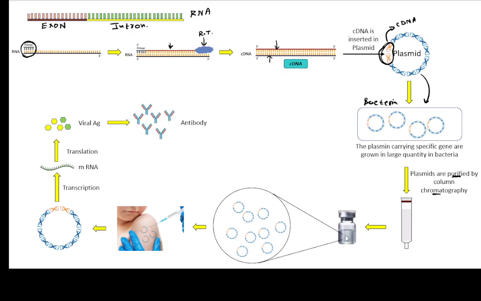As you see from the picture, this is the ampoule or vial of the vaccine, and this is all plasmid having a cDNA portion. And finally, we are going to inject the vaccine into our body. As the cDNA enters into our body, it will be transcribed.